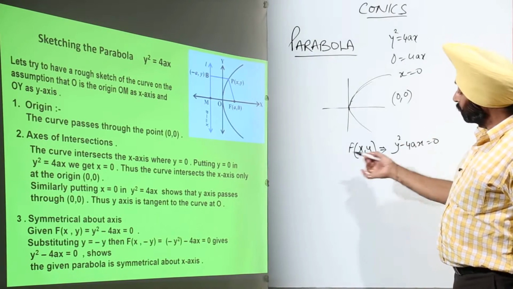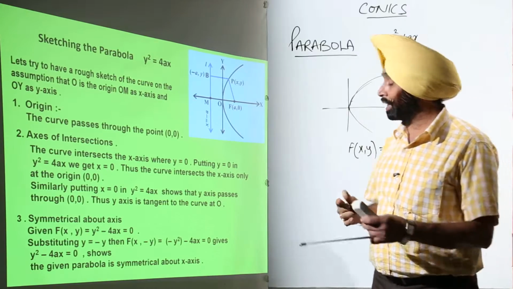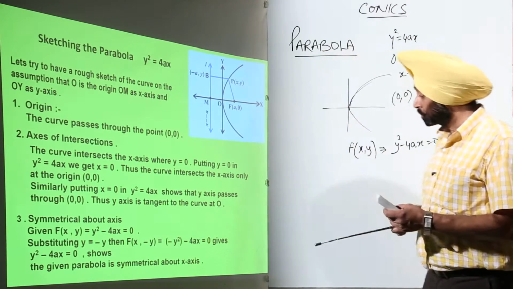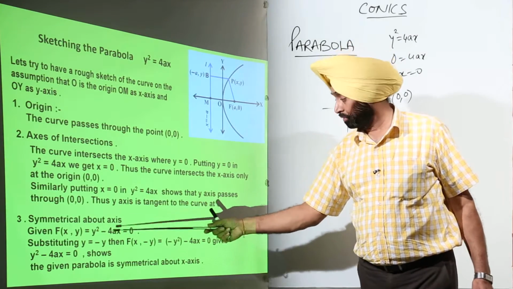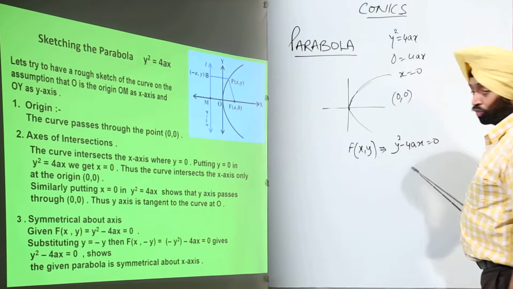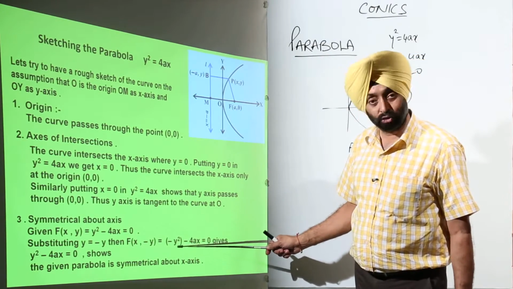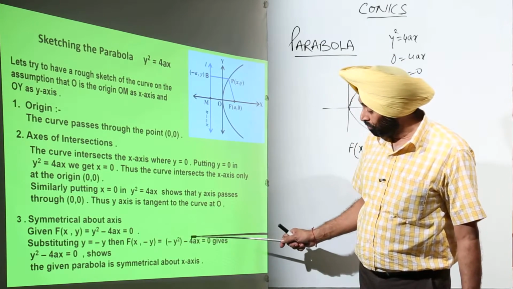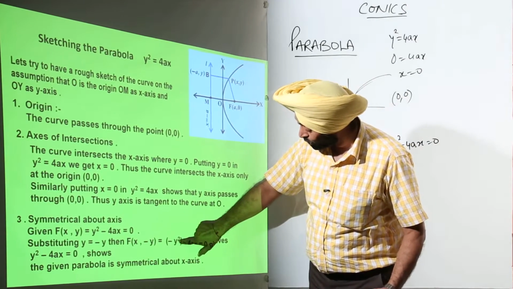Okay, so what we have done in the last chapters also is how to find symmetry about the axis. If we substitute negative of y in place of y, will this equation change? No, it will not change, because negative of y whole square will become minus 4ax. Now one more thing, here we have to correct it: the square will be outside.